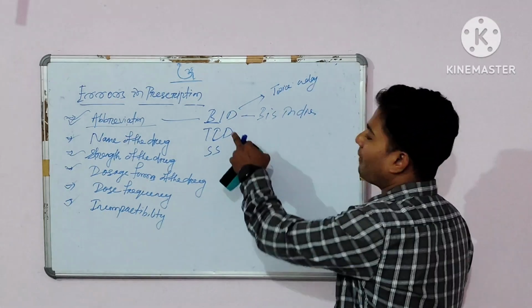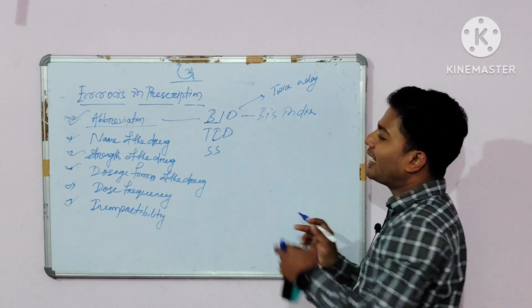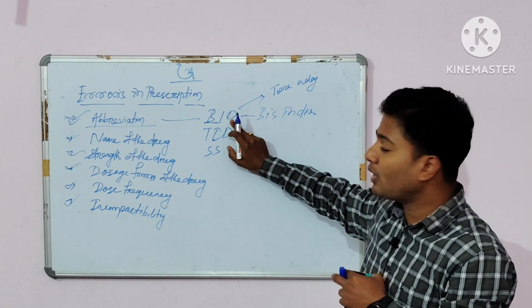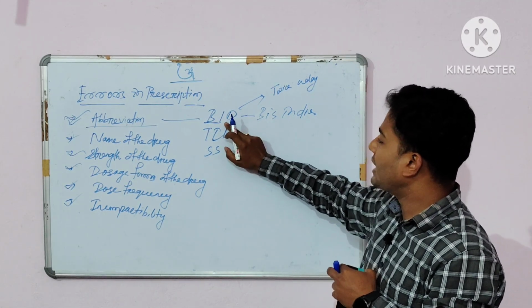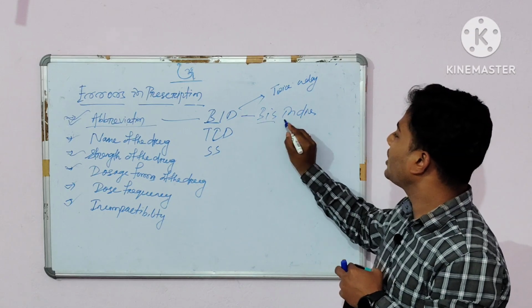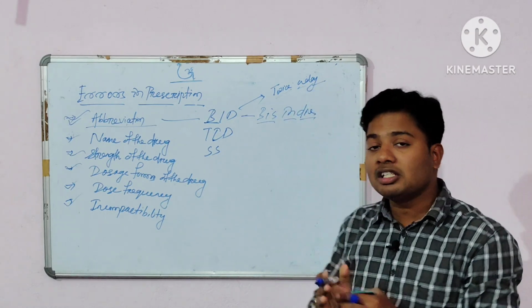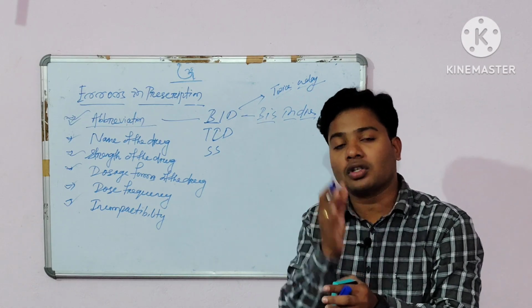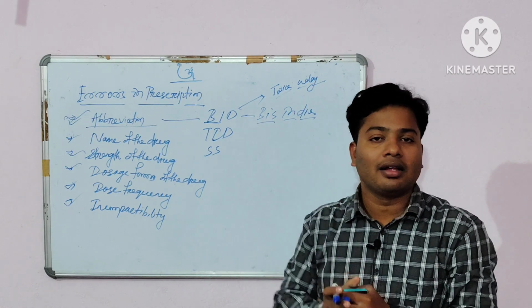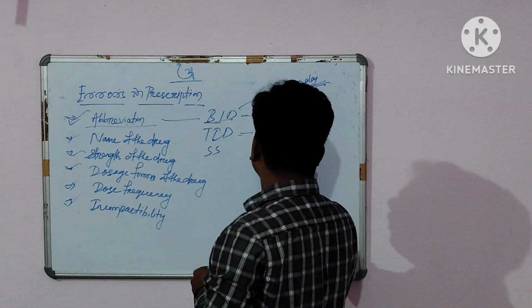So the physician used the abbreviation BID. The Latin meaning is bis in die, and the English meaning is twice a day. That means you have to administer a drug 2 times a day. Next, TID means ter in die.